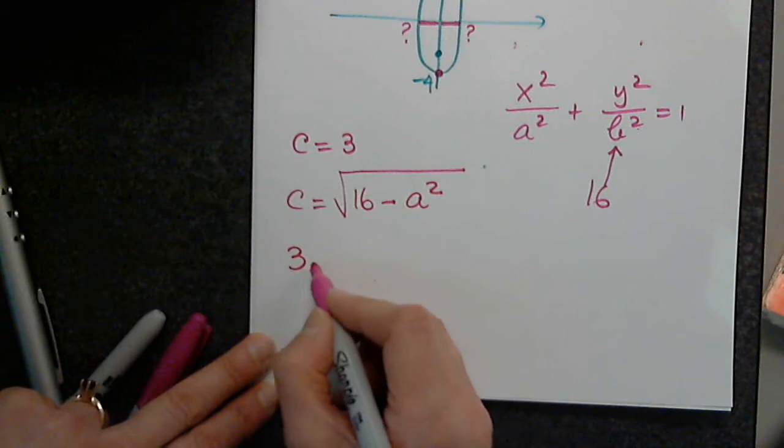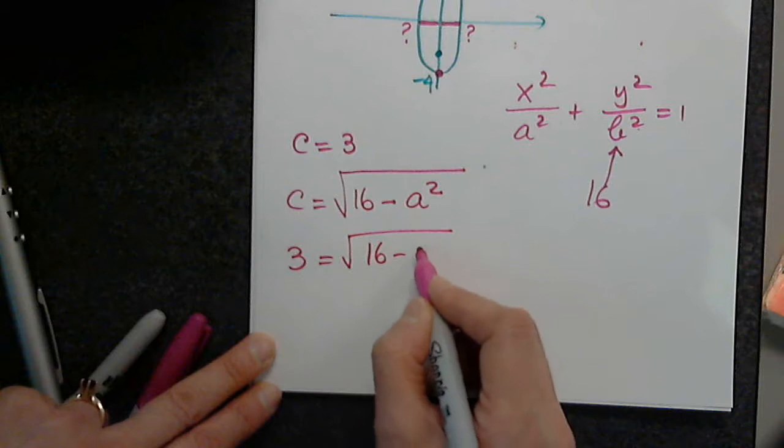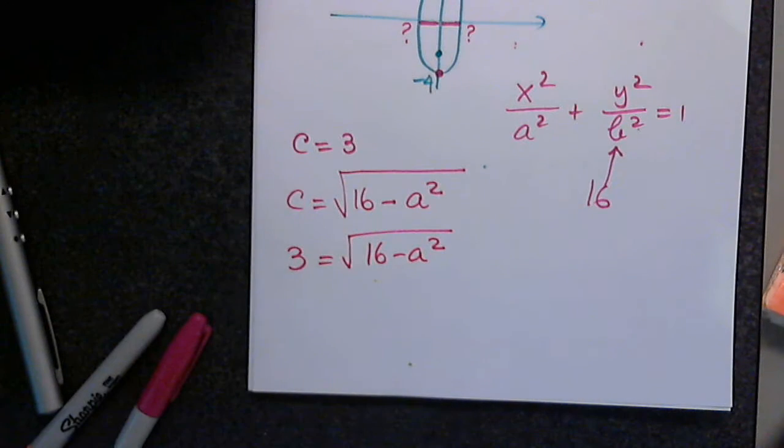So here's my equation then. What will I obtain from this equation? What is the only variable in this equation? A. So once I have A, I will put it here, and I'm done. What type of equation is this? And how do I solve it?